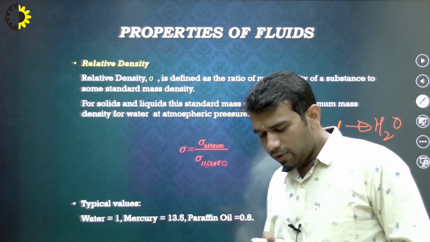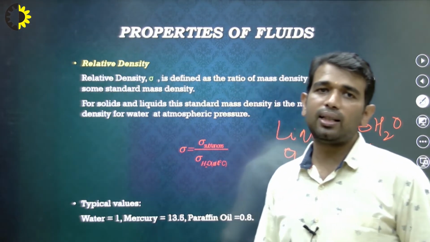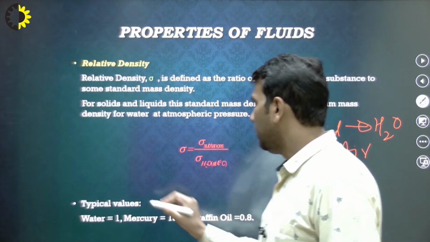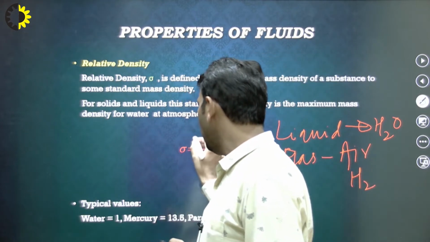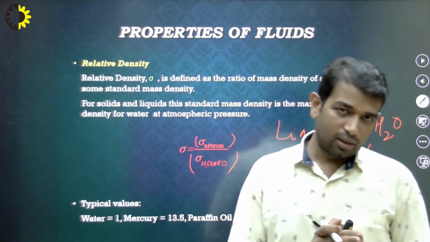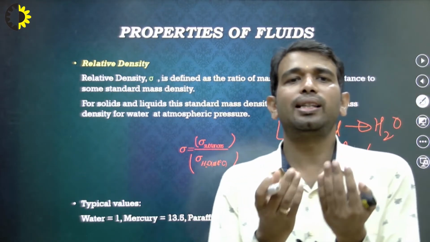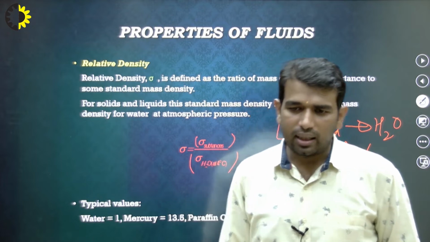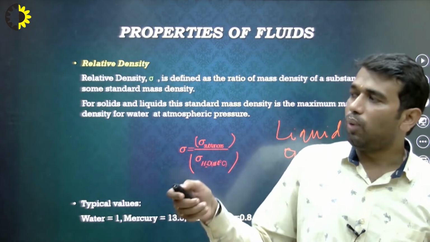So let me define what relative density is. Relative density is nothing but the density of the given fluid with respect to the density of the reference fluid. If it is liquid, the reference fluid is water. So for any fluid, what is its density with reference to water?